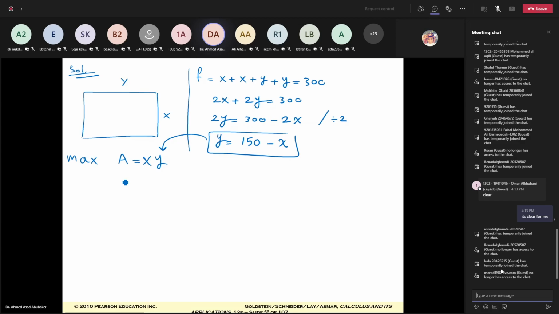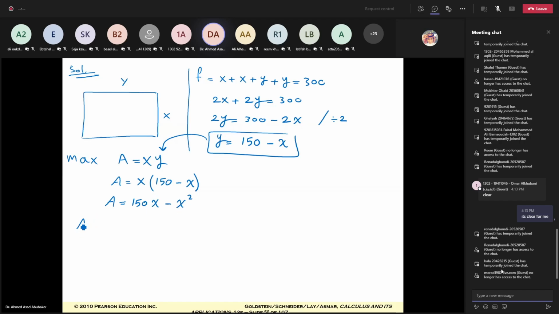Now the area equals x multiplied by 150 minus x. After simplifying, we have 150x minus x squared.